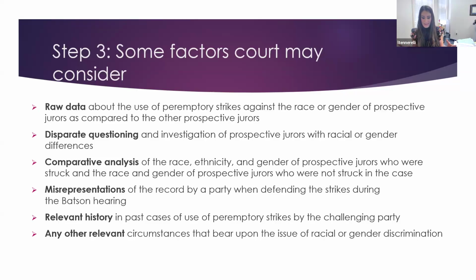So if they asked way more questions to one set of jurors or no questions at all, it might look like, oh, they were trying to come up with a reason for striking this particular group of people, or trying to ask them nothing so that they wouldn't have to give any reason except facial expression. So they'll look into all of these types of circumstances.